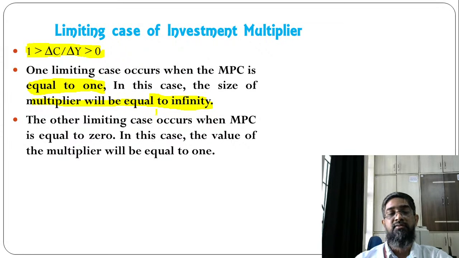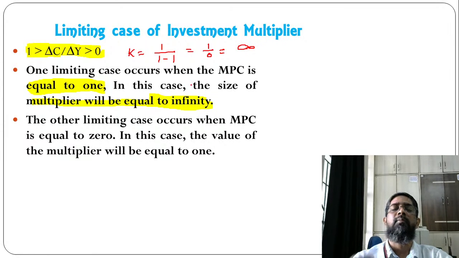Dear students, just see what the formula is. Our formula is k is equal to 1 upon 1 minus 1, so 1 upon 0. Any number divided by 0 gives you infinity. So what does it mean?